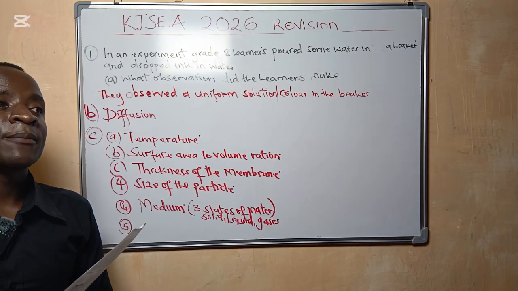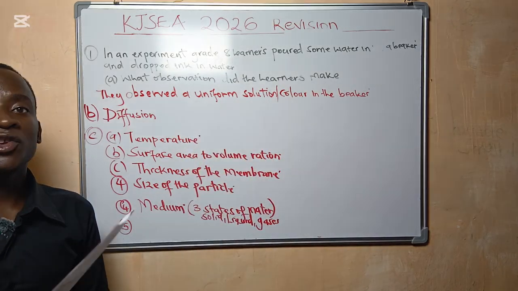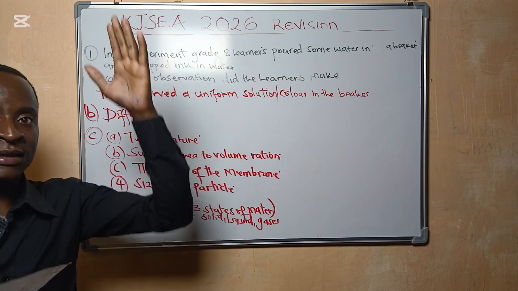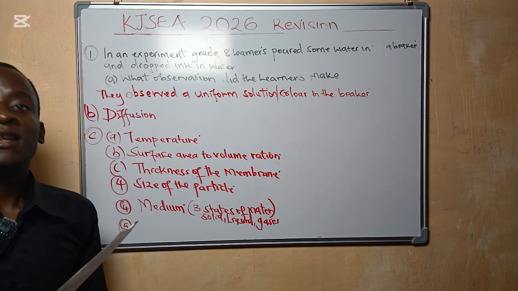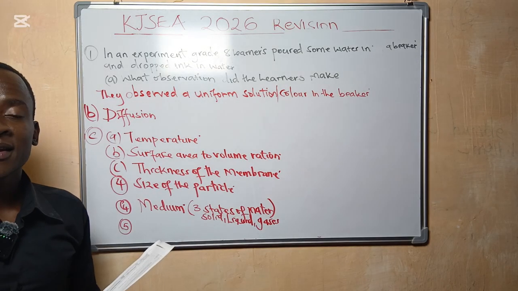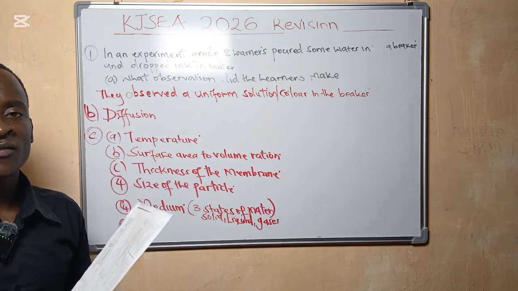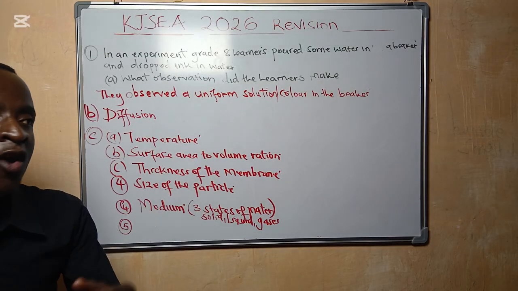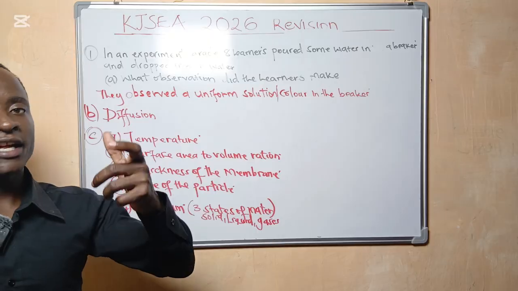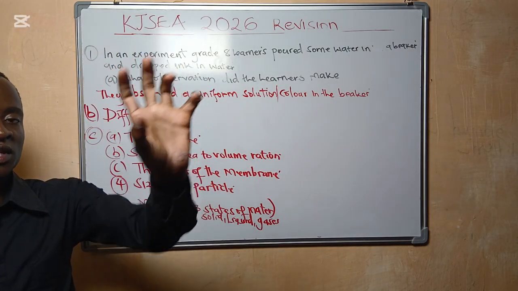You'll be able to detect a bad smell from a decaying road kill along the path during the day, where the sun is hot, than very early in the morning. Reason? Remember, we are still talking about temperature. So this is how we say an increase in temperature increases the rate of diffusion.